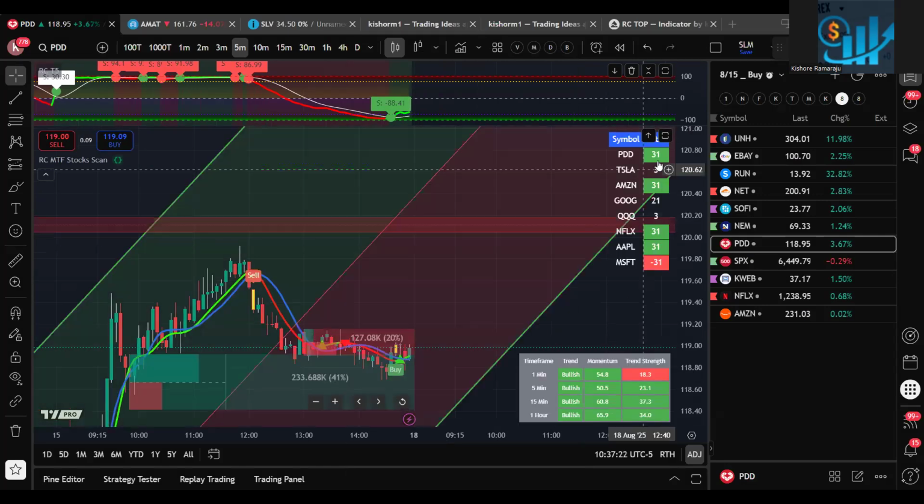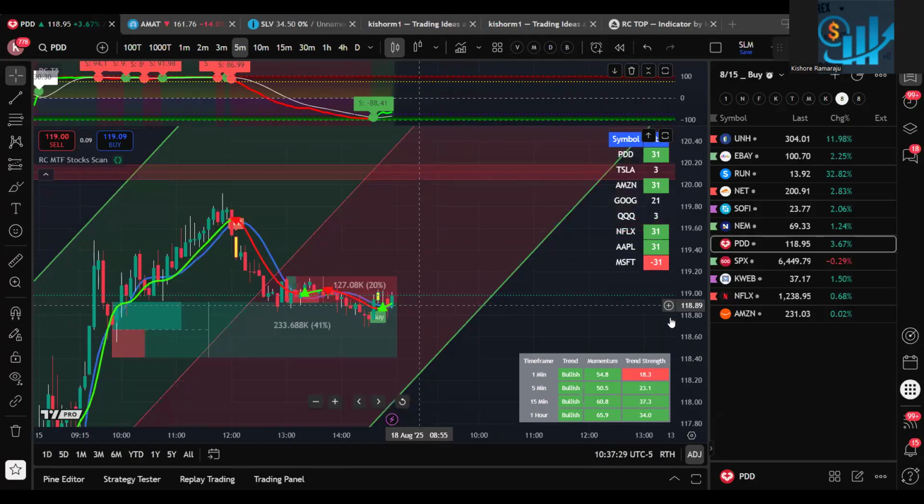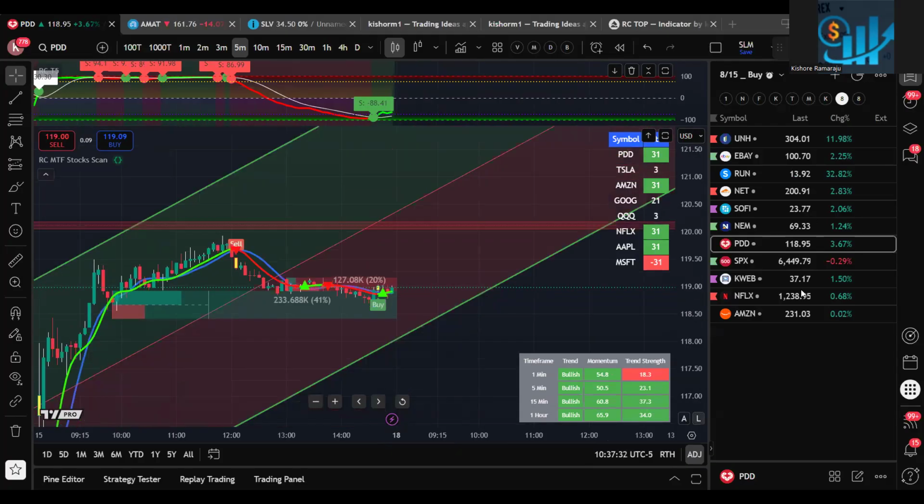PDD is showing a score of 31. That means it is very bullish in all different time frames: 1 minute, 5 minute, 15 minute, 1 hour, like that. So when you identify a stock that is very bullish, score is 31, trend is good, and the channel is in an uptrend, then you can wait for a buy signal and buy the stock.